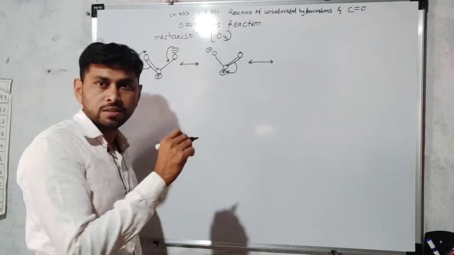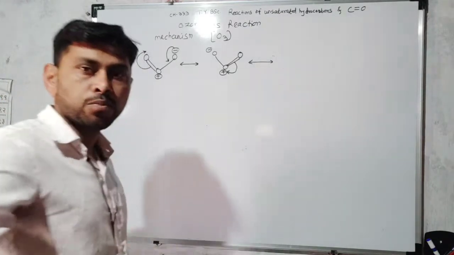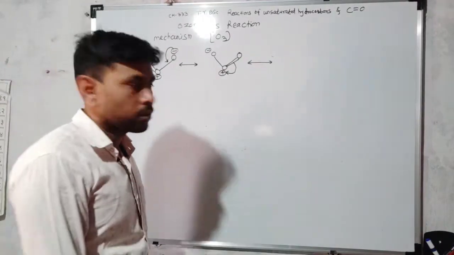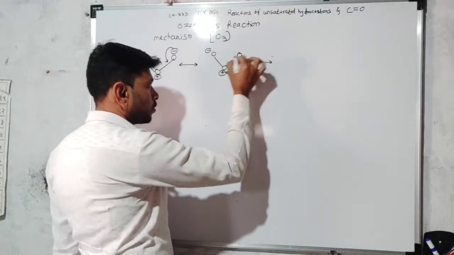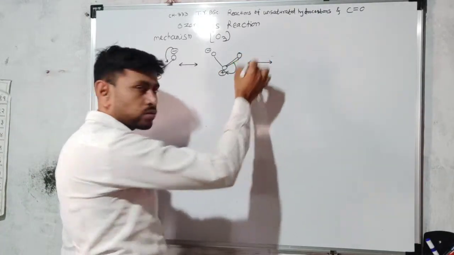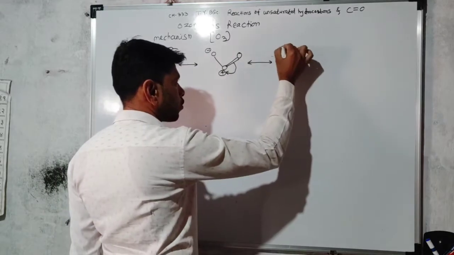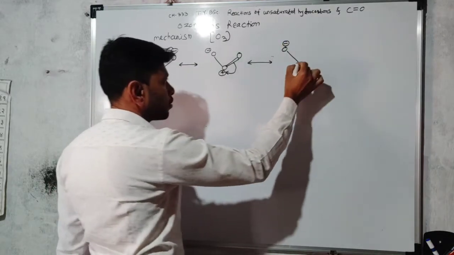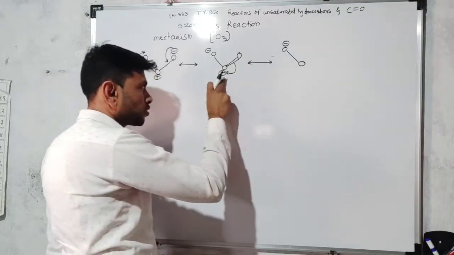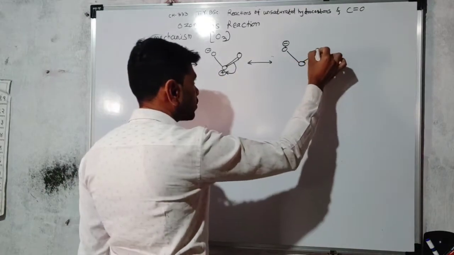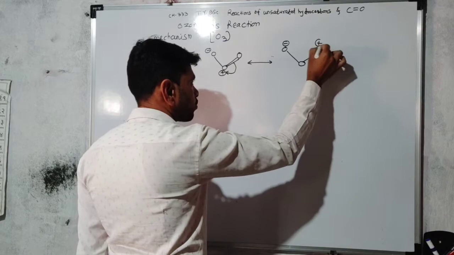When this positive charge gets neutralized, the other oxygen gets a positive charge, so the structure becomes O negative. The positive charge on this oxygen gets neutralized, and this O gets a positive charge.